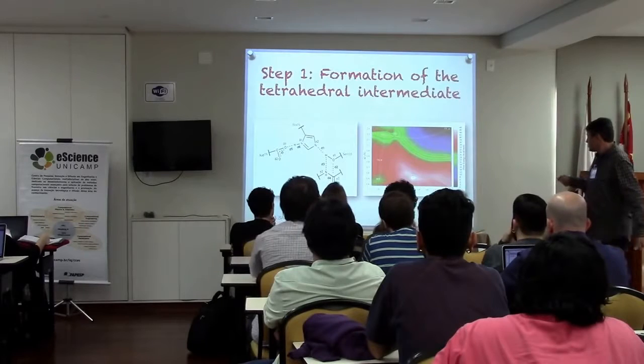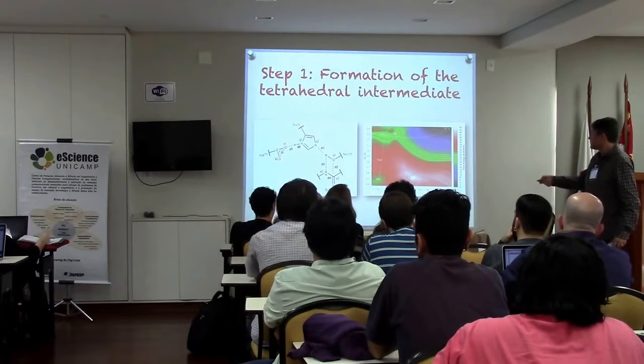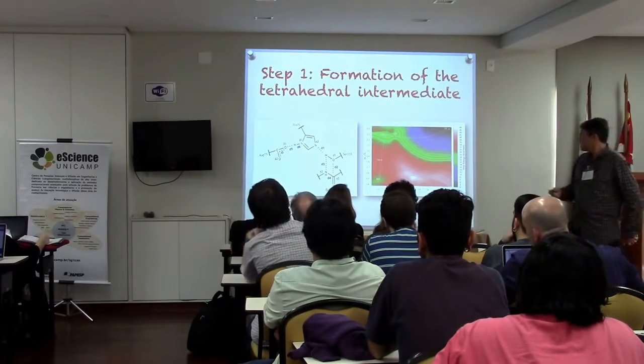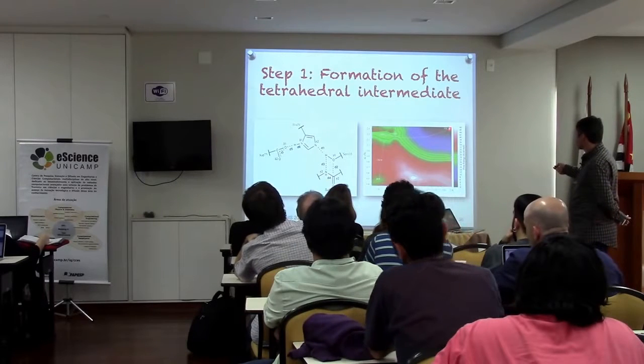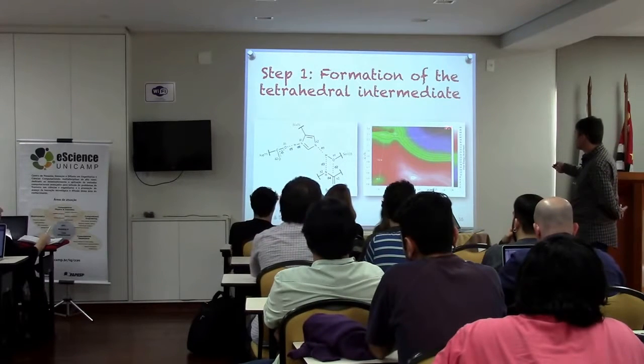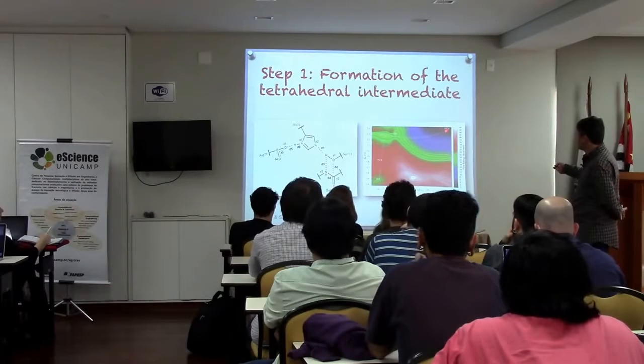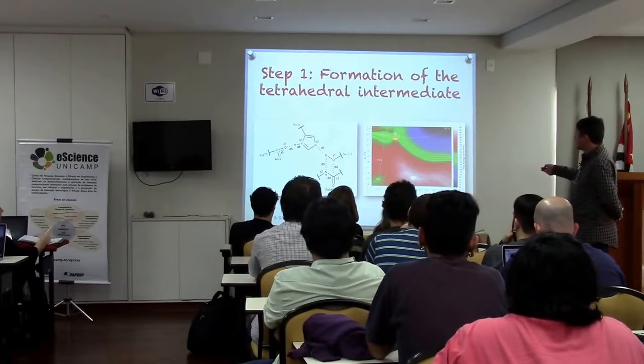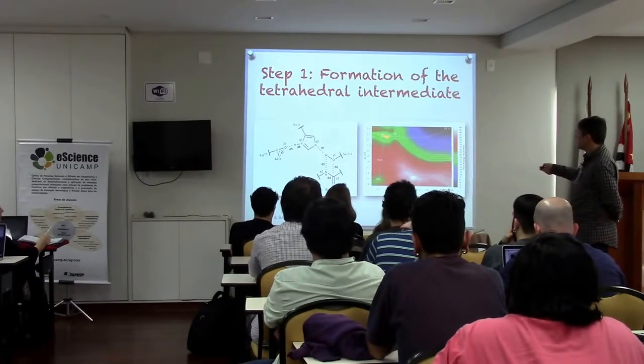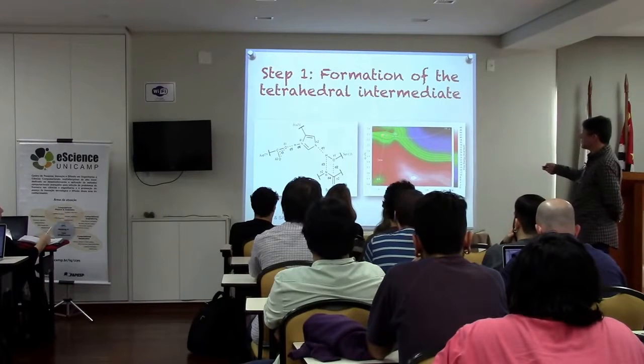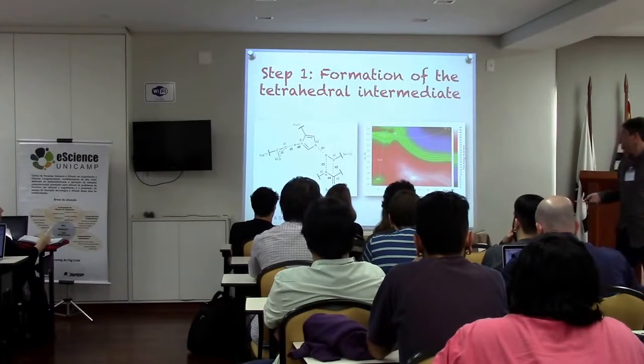So this is showing you the results of this first part, and we found some interesting things here. We start from the enzyme substrate complex here, then there's a first transition state, and then it really does form this proton transfer intermediate here.